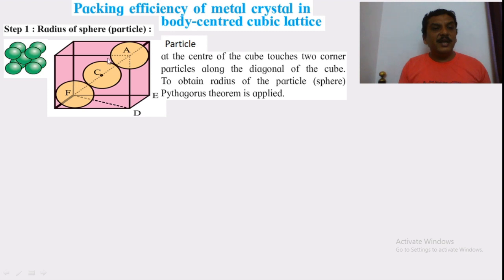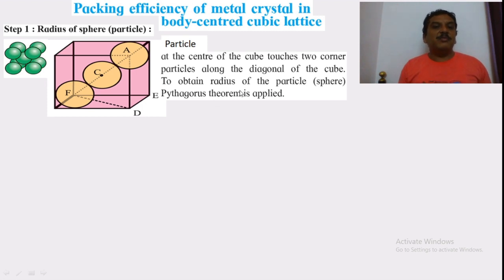And if we take the face of this BCC structure, the particle at the center, this C particle, is at the center of the cube and touches the two corner particles along the diagonal. This is the diagonal, and this A particle and F particle touch the C particle along the diagonal.